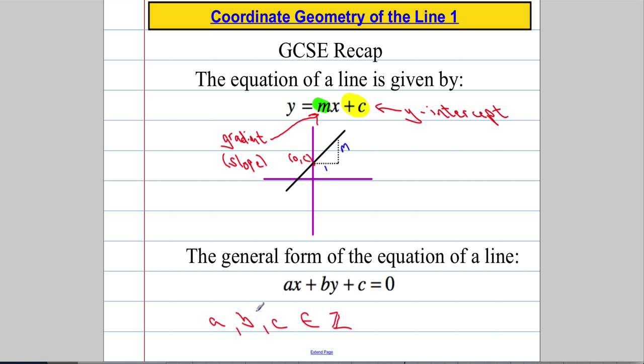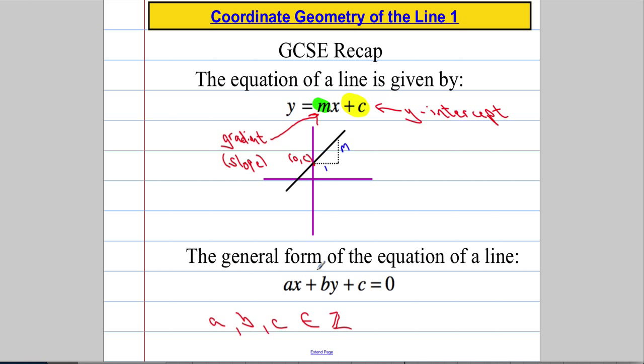It's still the equation of a line. If I want to convert this into y equals mx plus c, what we need to do is change the subject. And if I want to go backwards, again, we will just change the subject of the formula.